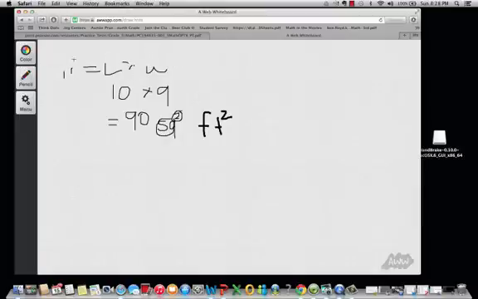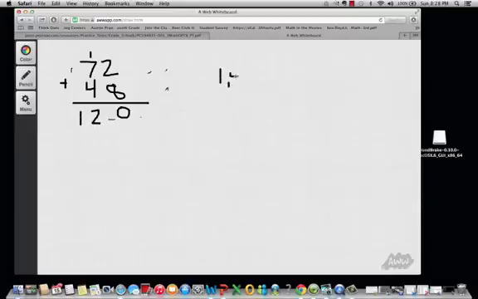So, let's see if I can do it neater this time. 72 plus 48 is 120. So you had to do 1,000, because that was your total number of pictures, minus 120.